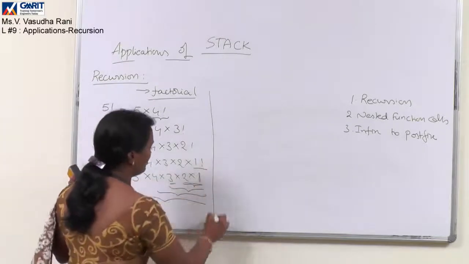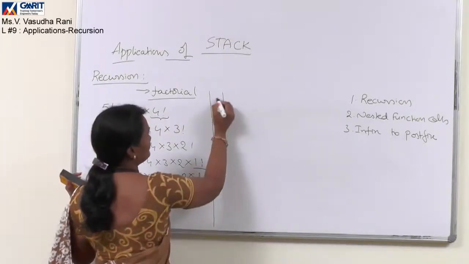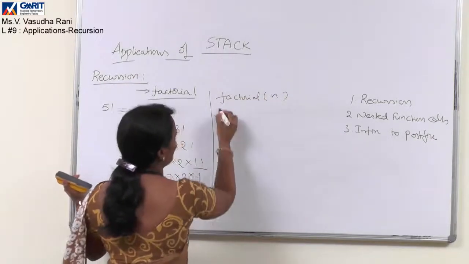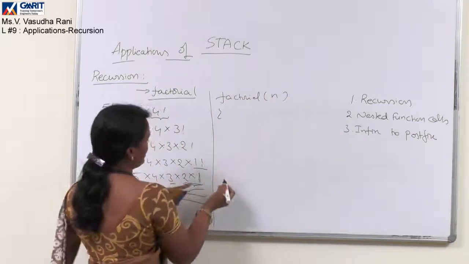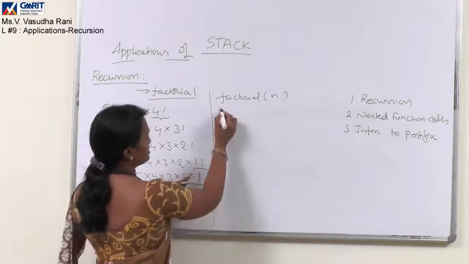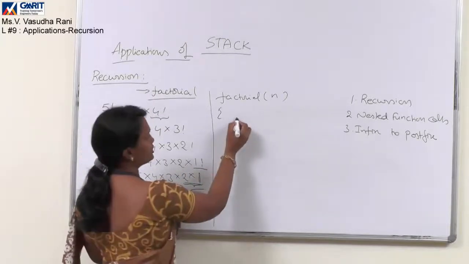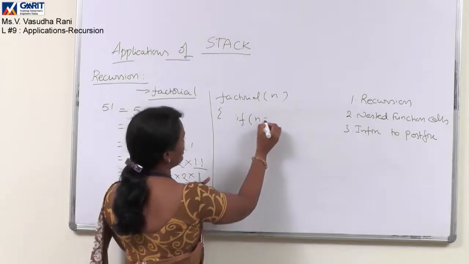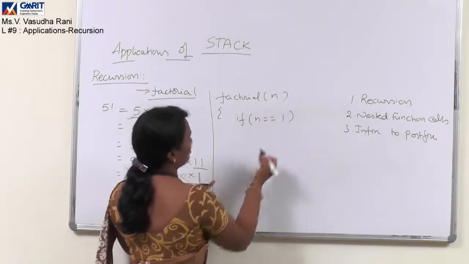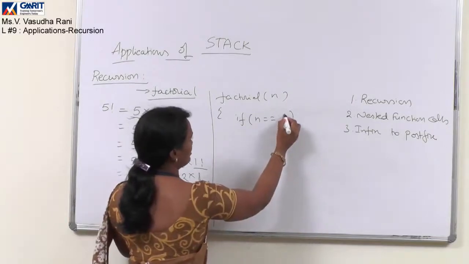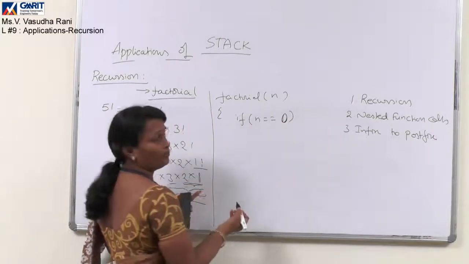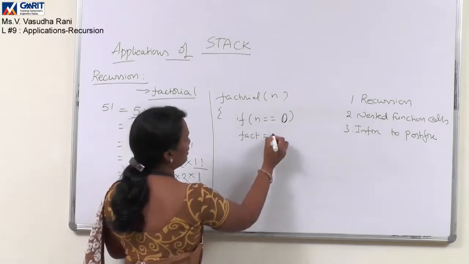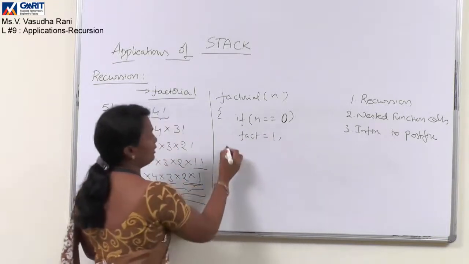For this, we can write the code: factorial of n. For this recursive procedure there should be a stopping condition. Here the stopping condition is if n reaches 1 or 0, our factorial value will become 1.